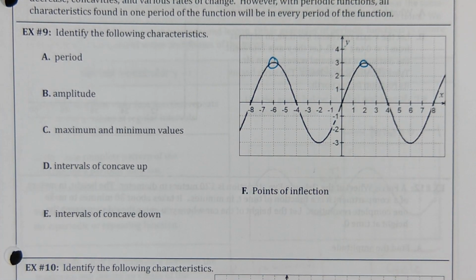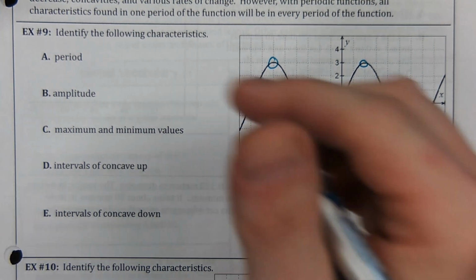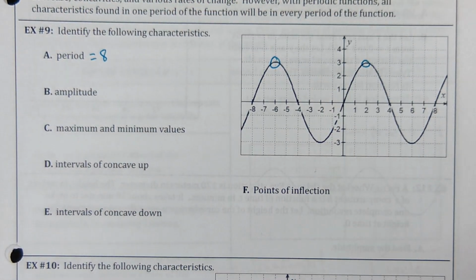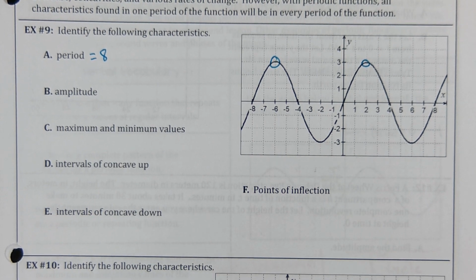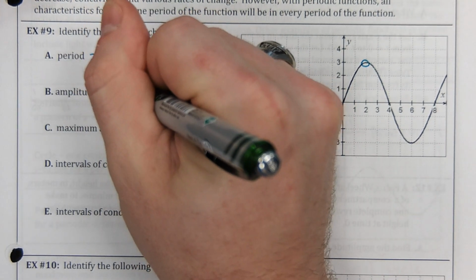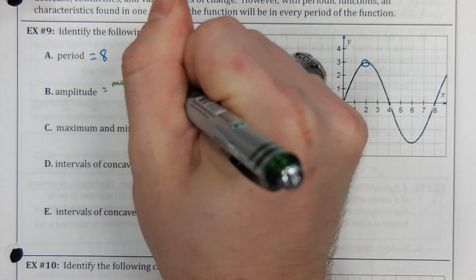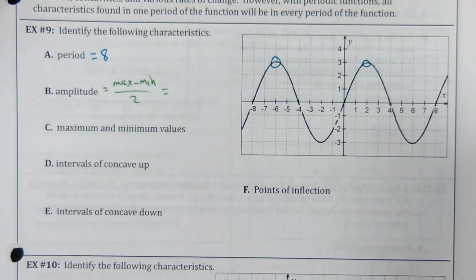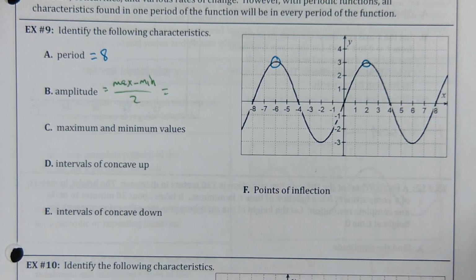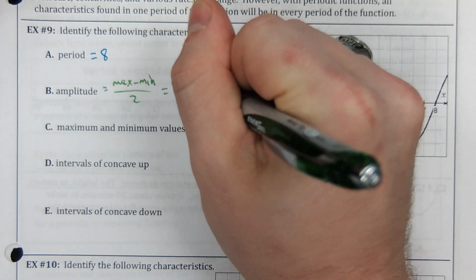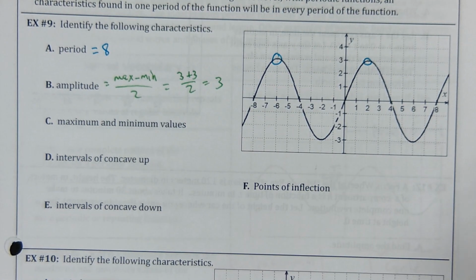What is the period length? 8. The ocho. Now for amplitude, you're supposed to do maximum minus minimum divided by 2. But our maximum and minimums are 3 and negative 3. So that means our amplitude is 3.